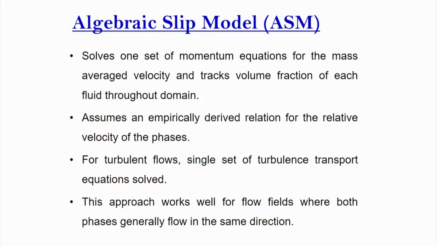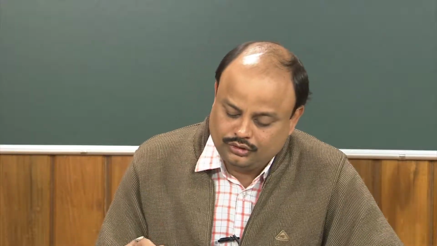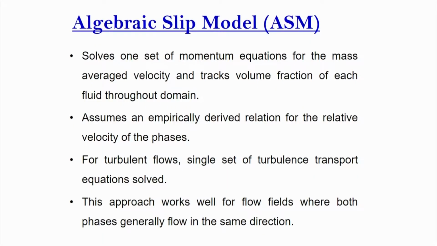So, what is the algebraic slip model? As I said, it depends on the slip velocity, and we solve algebraic equations. That is why it is called the algebraic slip model, because for the slip velocity we solve an algebraic equation. We solve one set of momentum equations for the mass average velocity, and we track the volume fraction of each fluid throughout the domain. So we solve one momentum equation and one continuity equation based on the mass average velocity of the mixture, and we solve the volume fraction of each fluid throughout the domain.